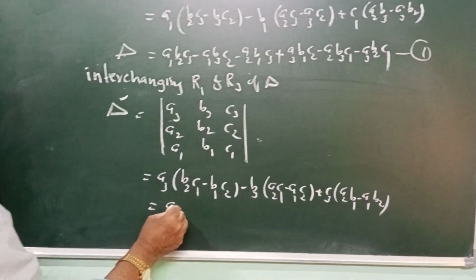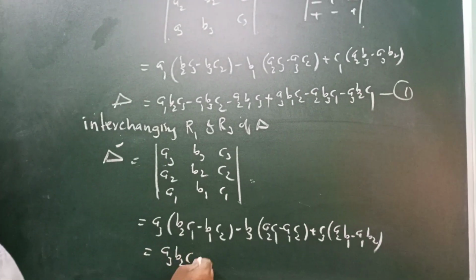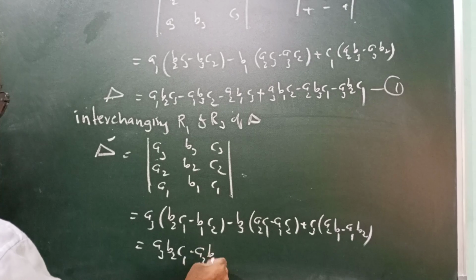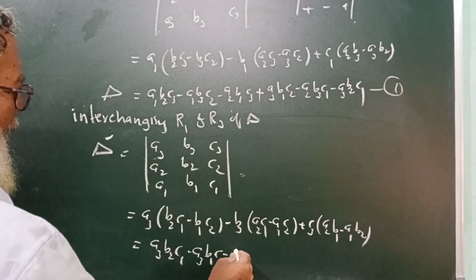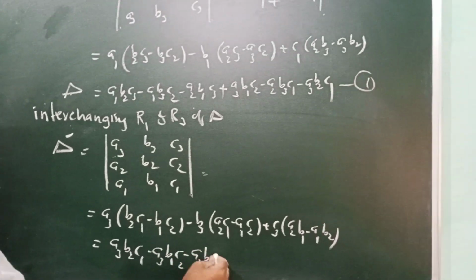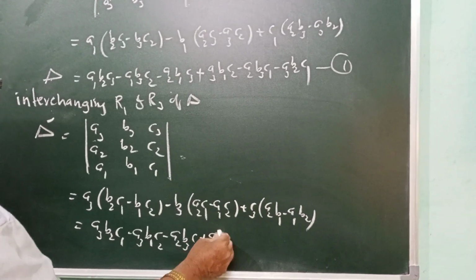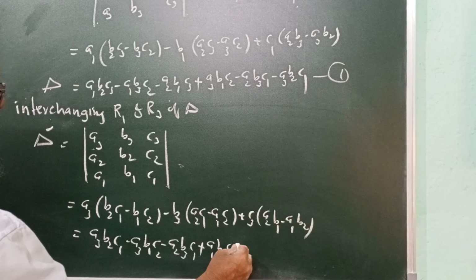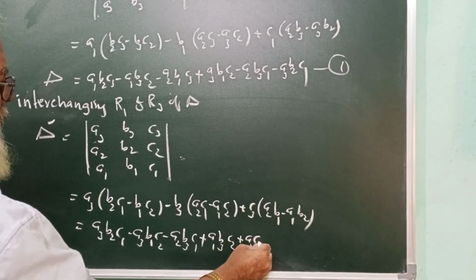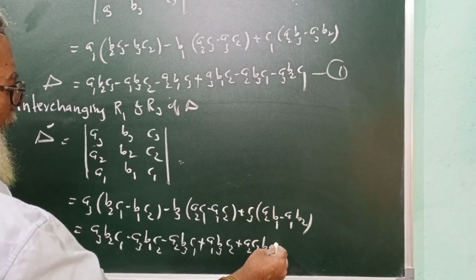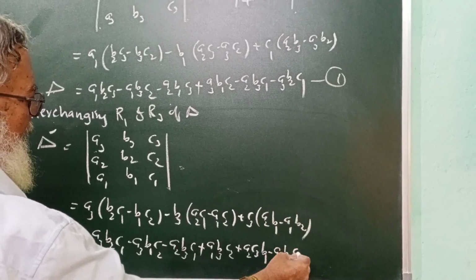Open the bracket. A3 B2 C1, minus A3 B1 C2, minus A2 B3 C1, minus of minus plus A1 B3 C2, plus A2 B1 C3, minus A1 B2 C3.